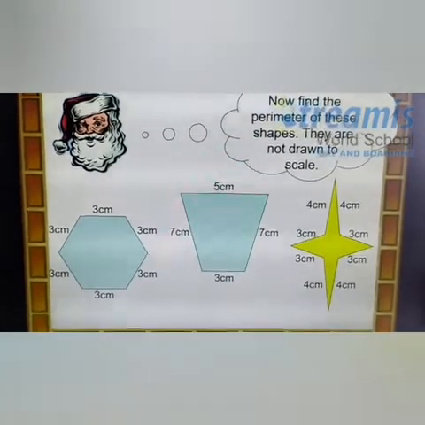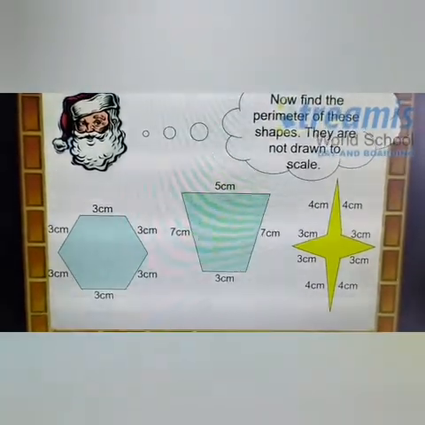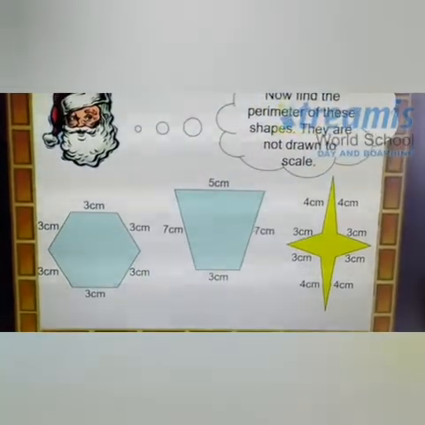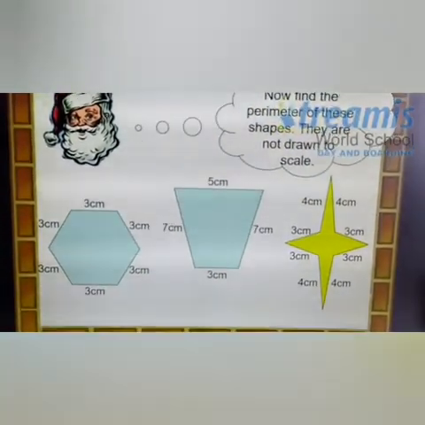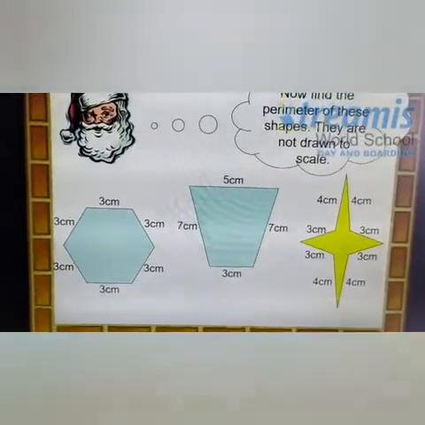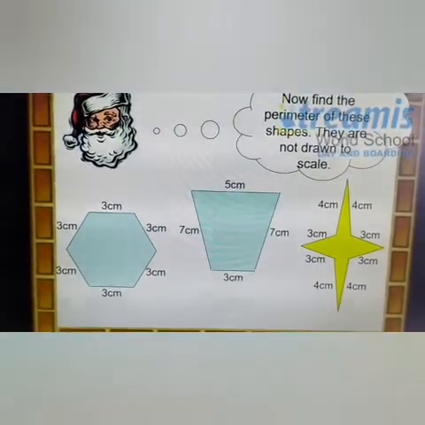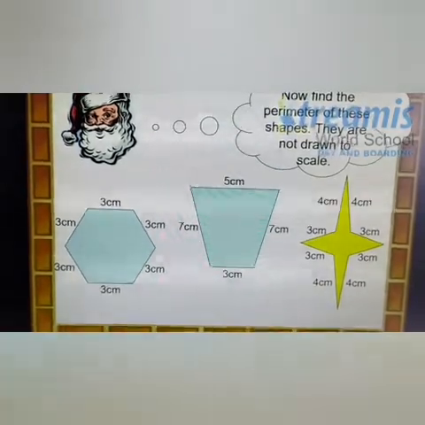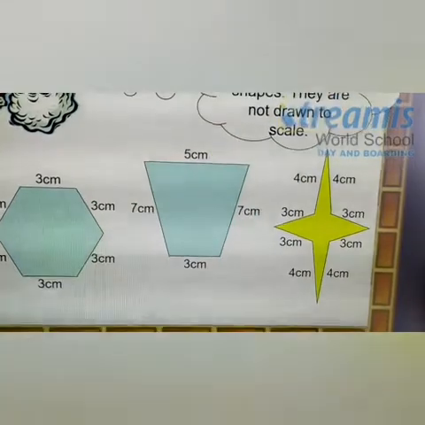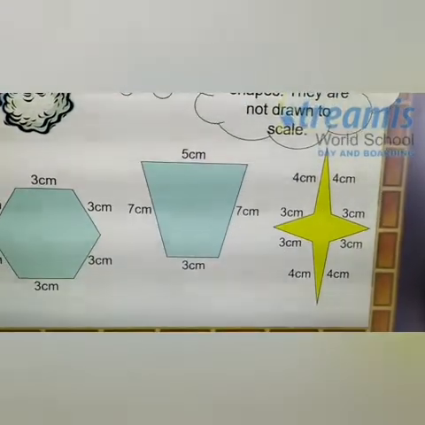Now look at the next figure. We have an irregular figure here, 5 centimeters, 7 centimeters, 3 centimeters and 7 centimeters. So basically we will add up all: 7 plus 5, 12 plus 7, 19 plus 3, 22 centimeters. Coming back to the last one, which is a little complicated here, we have to add all the lengths.